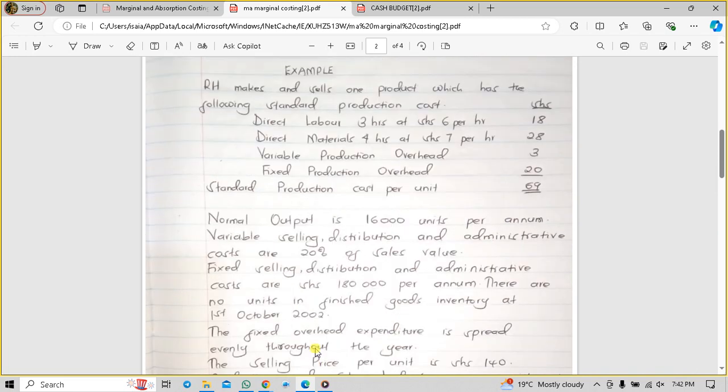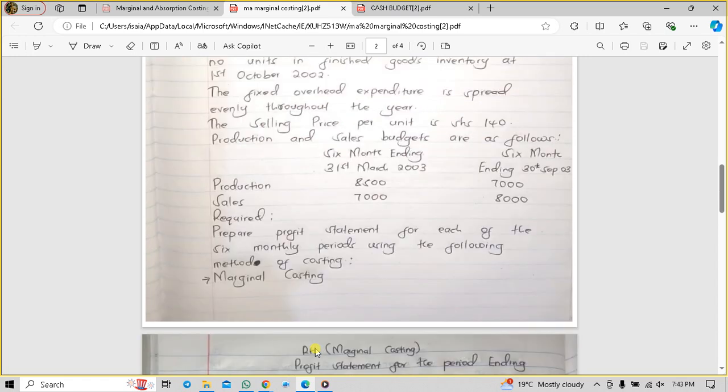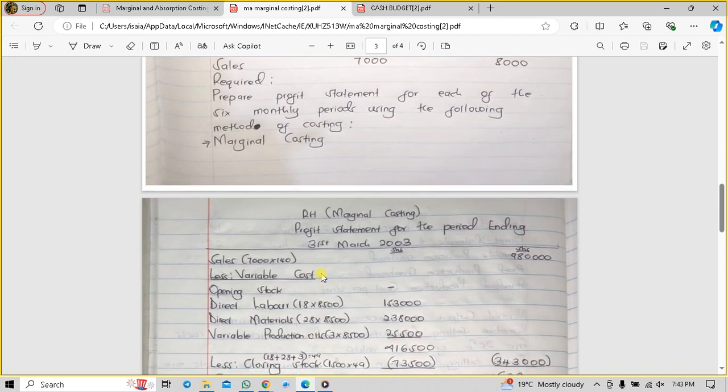For you to be able to work out a marginal costing question or an absorption costing question, you need to know the format of marginal costing and the format of absorption costing, so that you can be able to prepare the profit statement. So for example, for marginal costing, we normally start with the title. RH is the company.